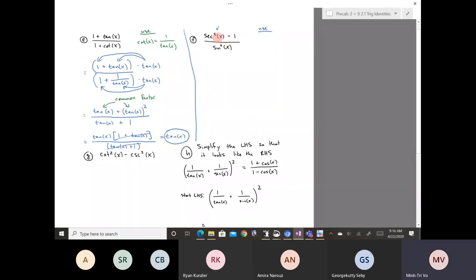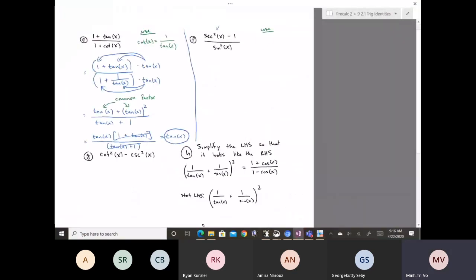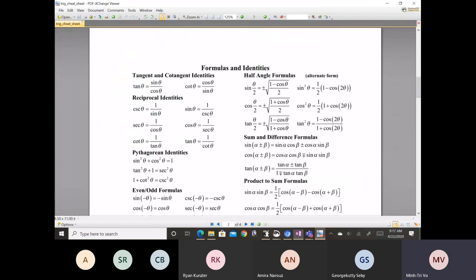What Pythagorean identity do I have for secant squared? I have this identity, right? Secant squared is equal to tangent squared plus 1. So secant squared x is equal to, again, tangent squared plus 1.